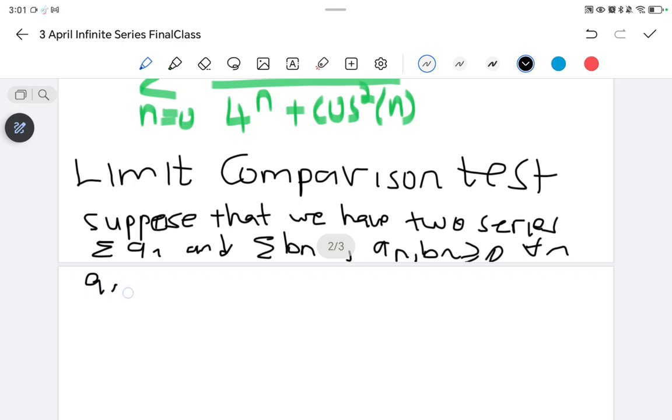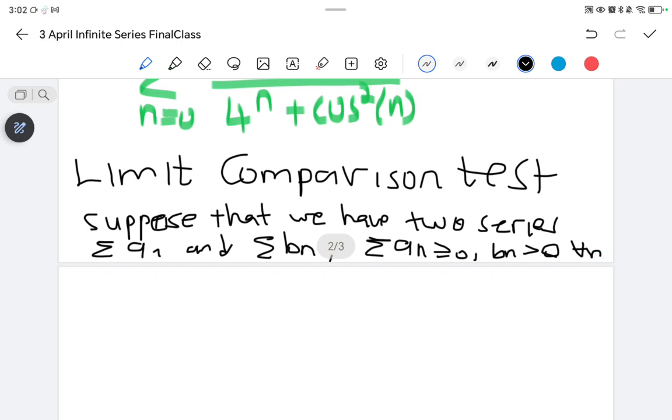Now I want to check whether this thing is convergent or divergent, and for this we need to check using this. Let me be specific here. We suppose that we have two series, this and this. Here a of n should be greater or equal to 0 and b of n should be greater than 0, for all n.